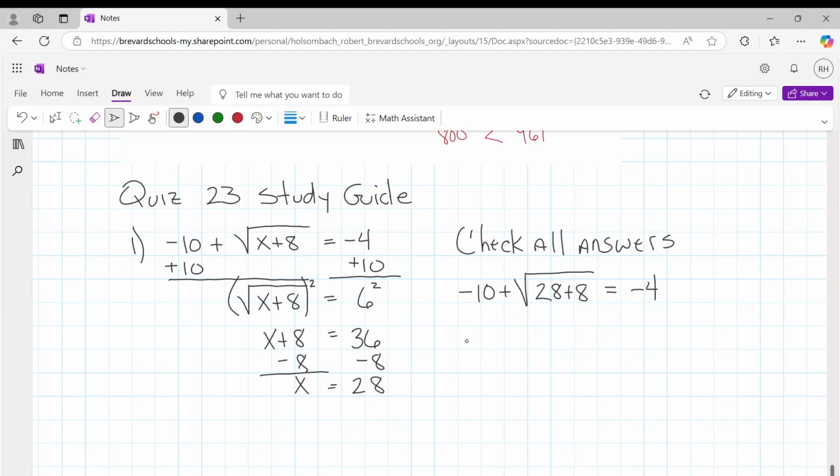So this would be negative 10 plus the square root of 36 equals negative 4. The square root of 36 is 6. So negative 10 plus 6 does equal negative 4. So that's a good solution. Any of these problems that have two solutions, you need to check both, because there will be extraneous solutions that you will have to eliminate on the quiz tomorrow.